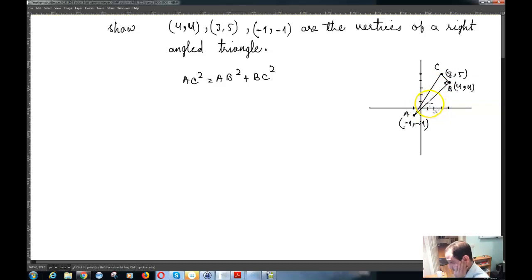Otherwise, I don't really know how to do this without the Pythagorean theorem. So let's see.